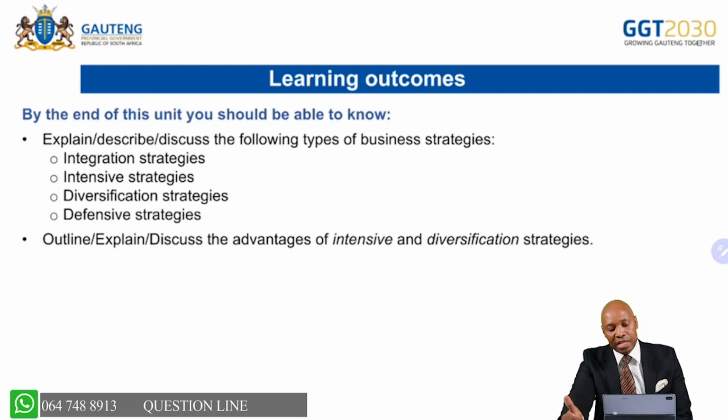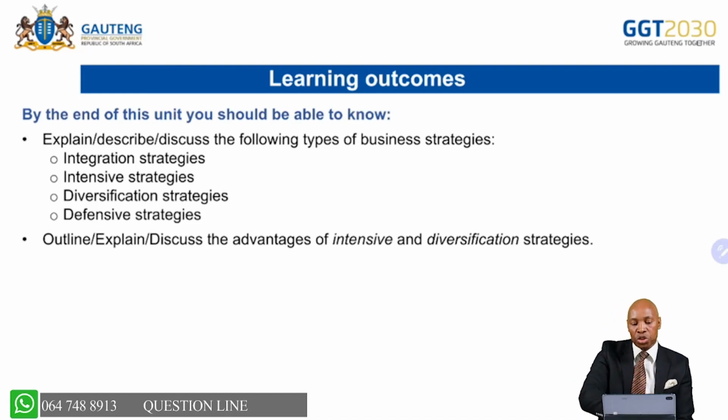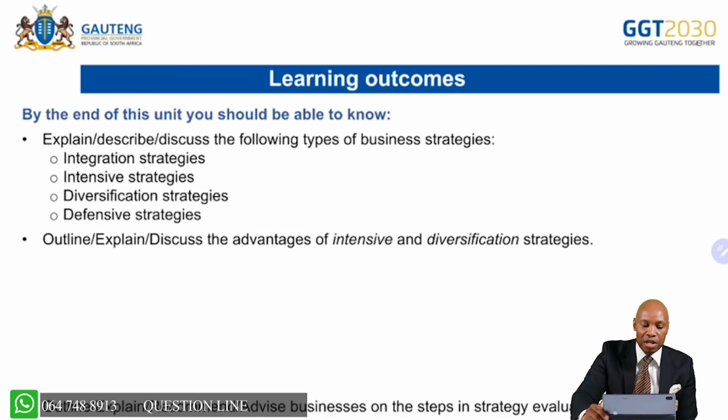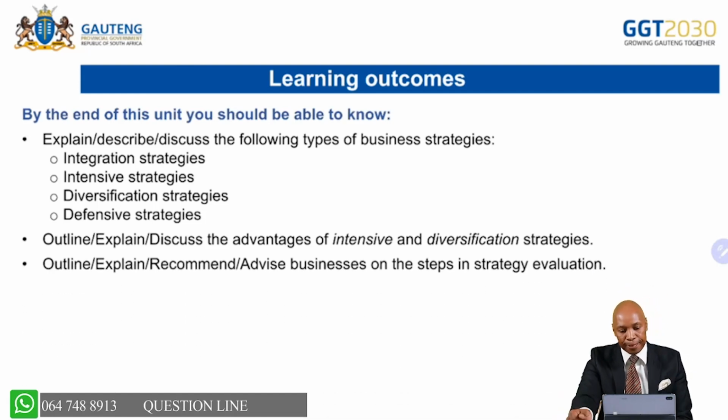With your business strategies, you don't leave it at describing, explaining only. You must be able to outline, explain, and discuss advantages of intensive and diversification strategies. So as you are busy studying those strategies, you must be able to explain what are the advantages of intensive strategies and what are the advantages of diversification strategies.